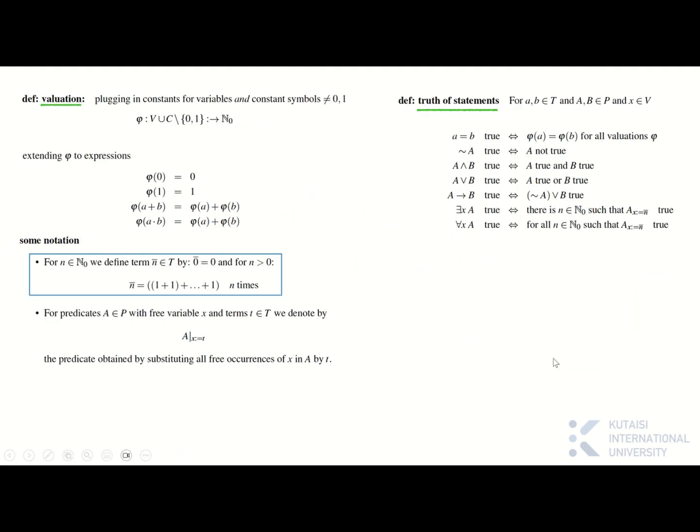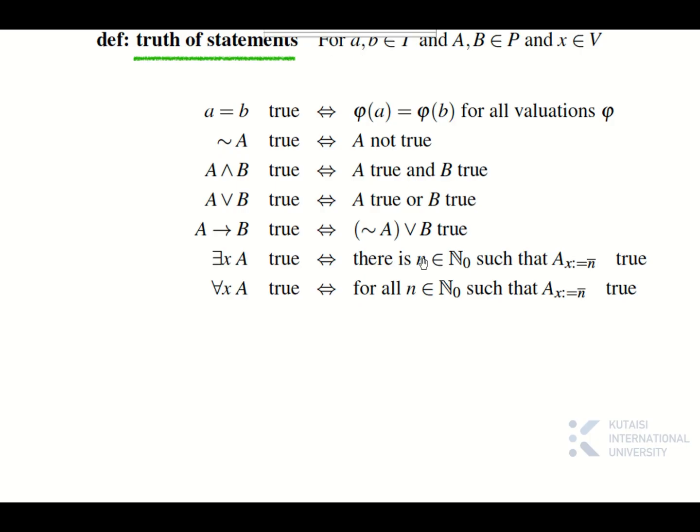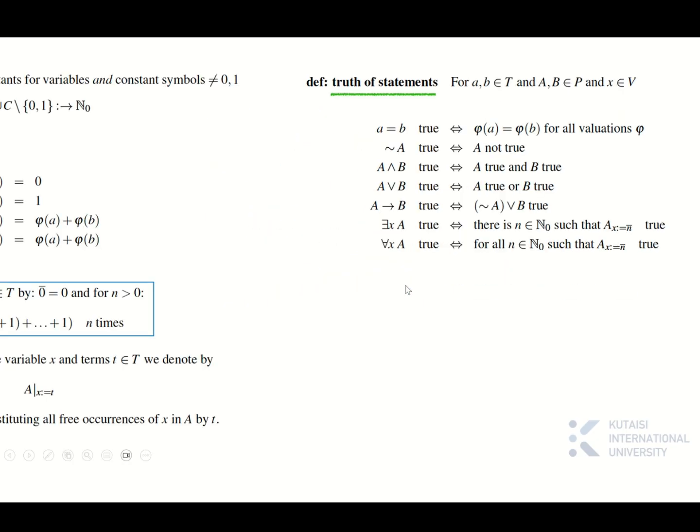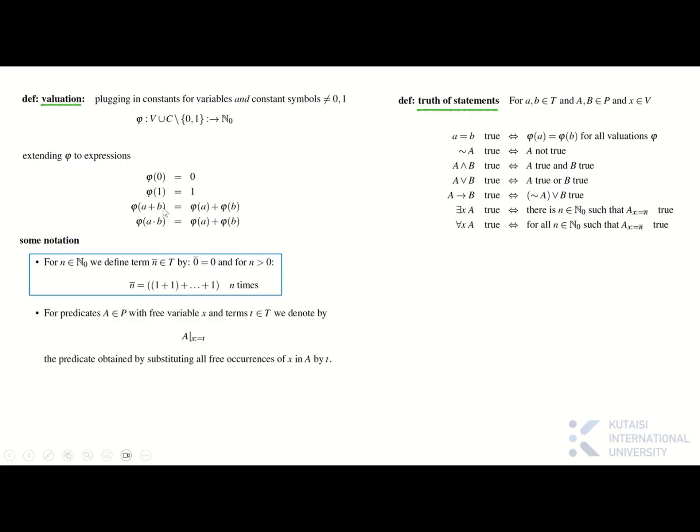Okay. So as I said, I'm sourcing my truth from the model, which is natural numbers. And by model, I just mean that I have a valuation, and I'll define it, so all possible.